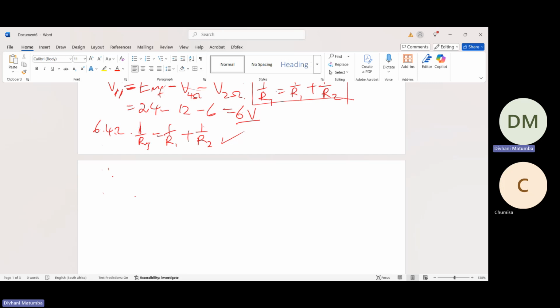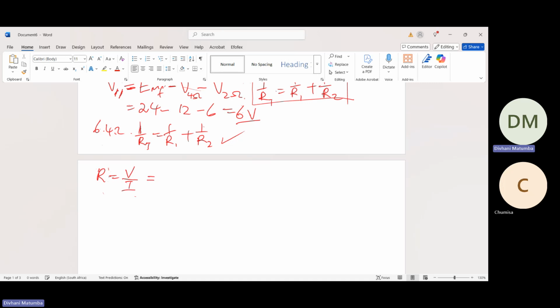No, sir. Can we find it? Yes, sir, I think so. How can we find it? When you use R is equals to V divided by I. R is equal to V over I.